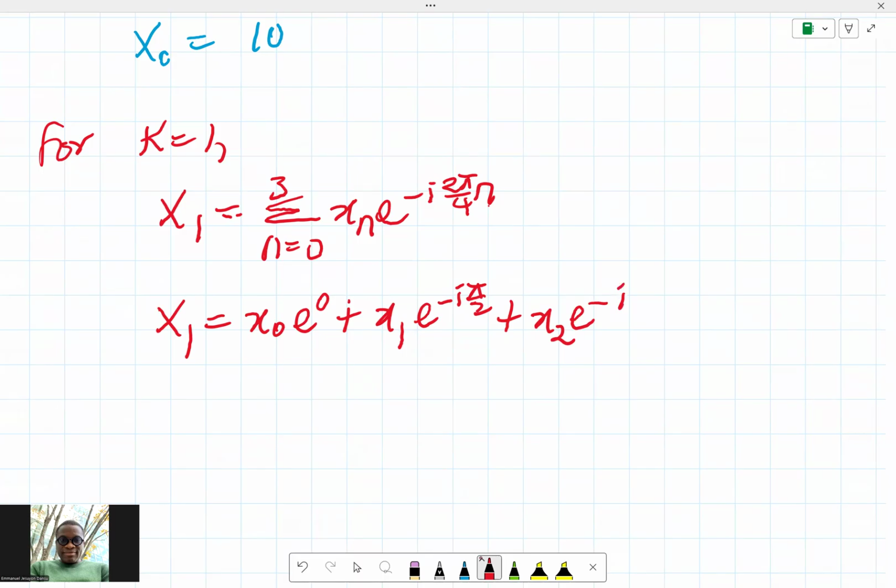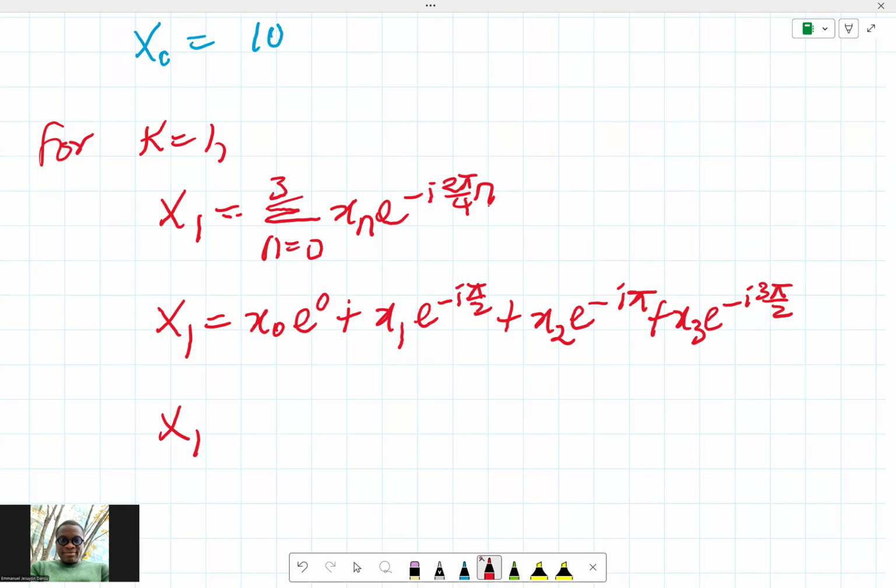Half pi times 2 would just be pi. Plus x3. So x3 now, n is 3, so we have e raised to power minus i 3 pi over 2.